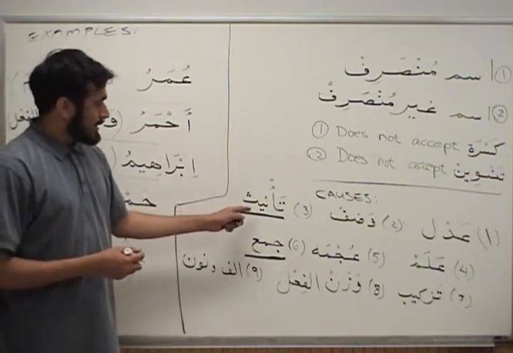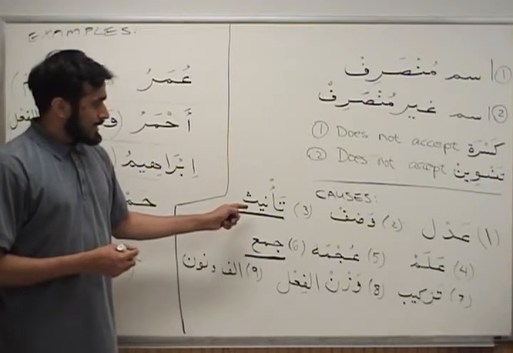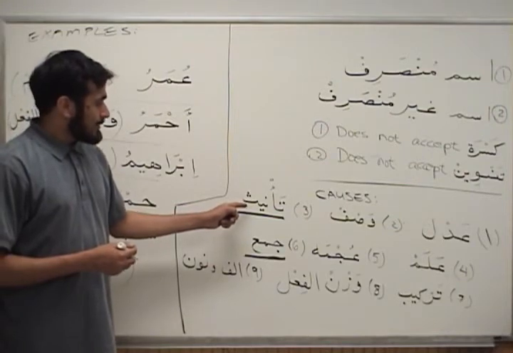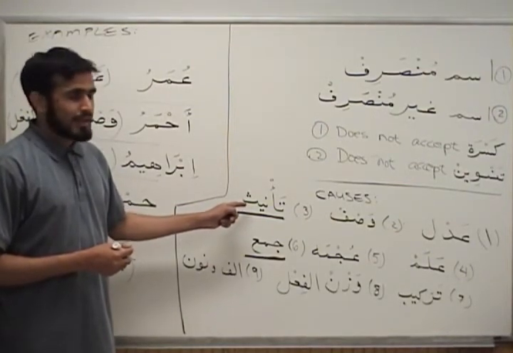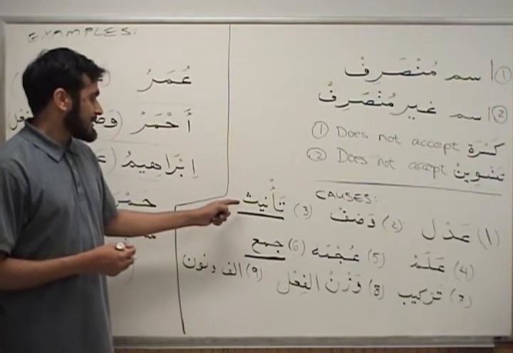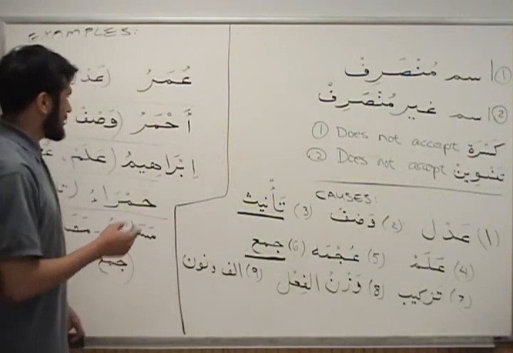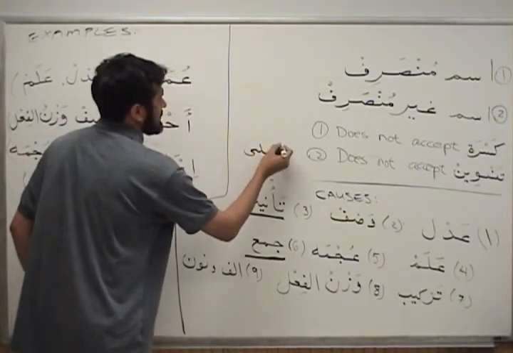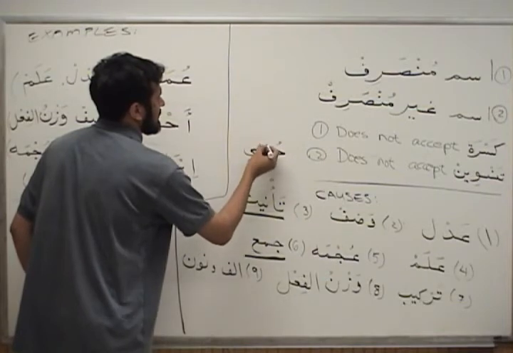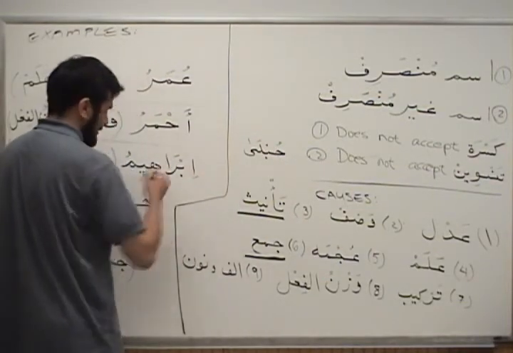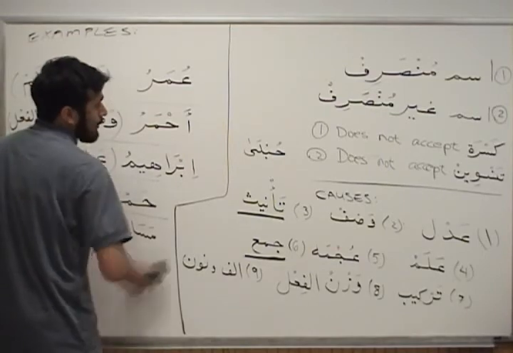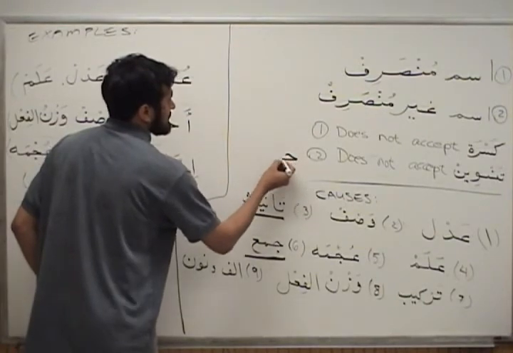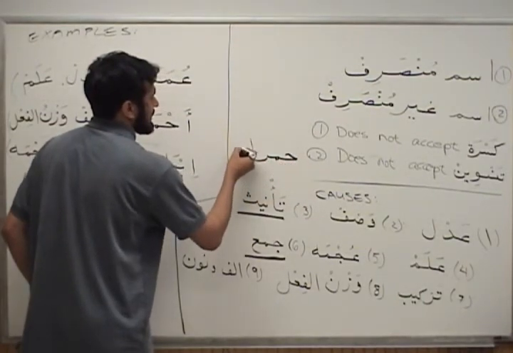Ta'neef, which means feminine. If an ism is feminine and it has alif maqsura or alif mamduda at the end, meaning it has an alif at the end, such as hawla, that kind of alif at the end, or it has this alif mamduda at the end, such as hamra.